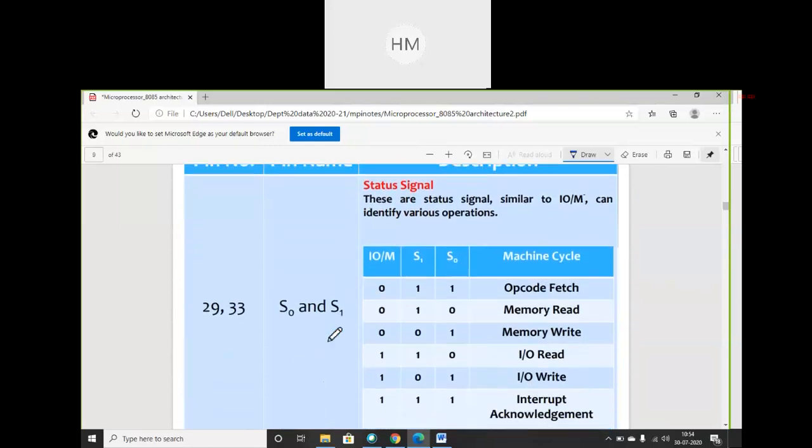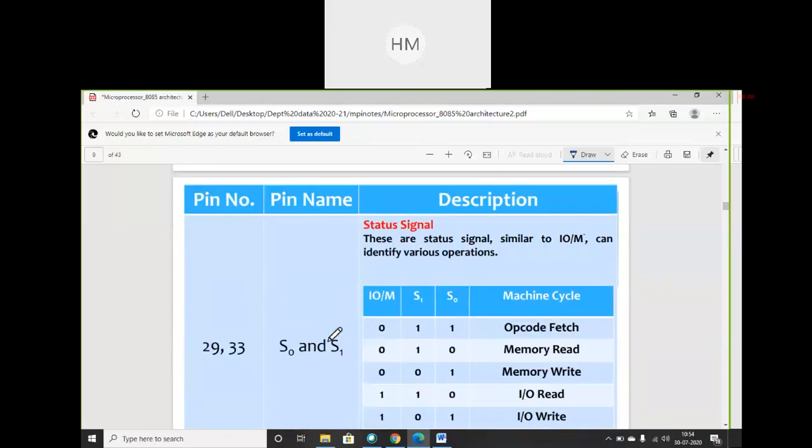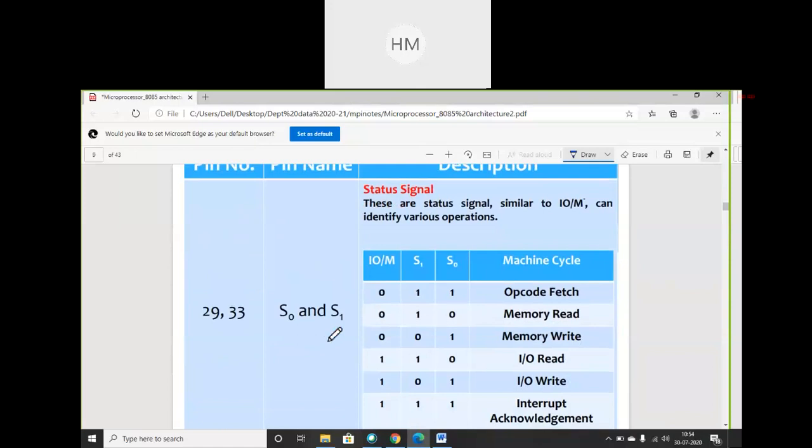Next, status signals, very important. And you have to remember this table also. Status signals S0 and S1 are used along with IO/M bar. These are status signals, similar to IO/M bar, that can identify various operations.